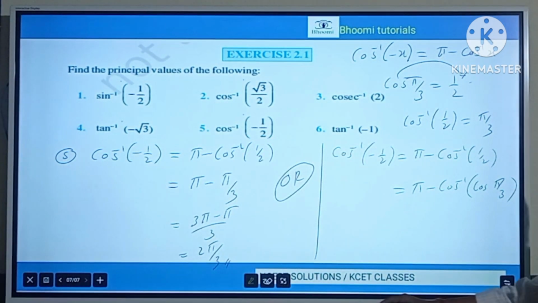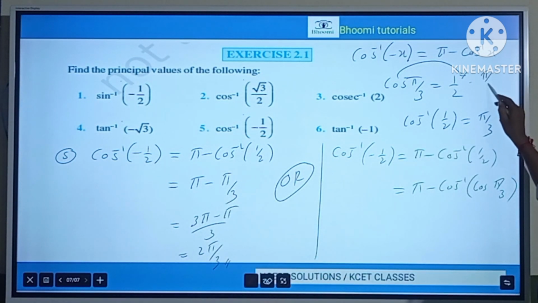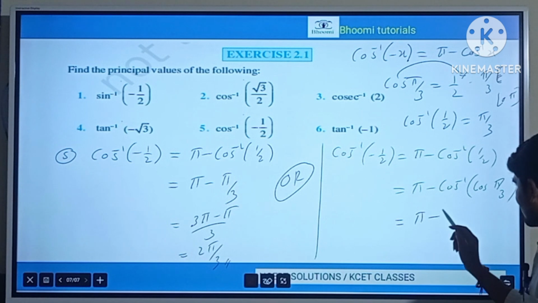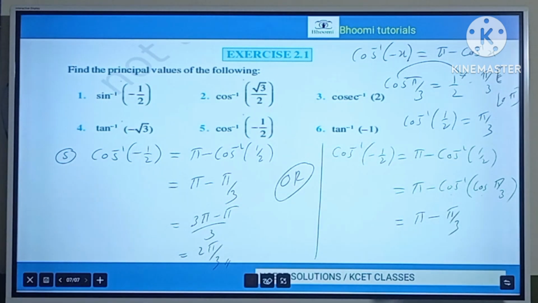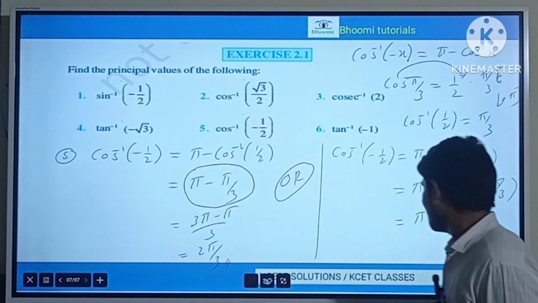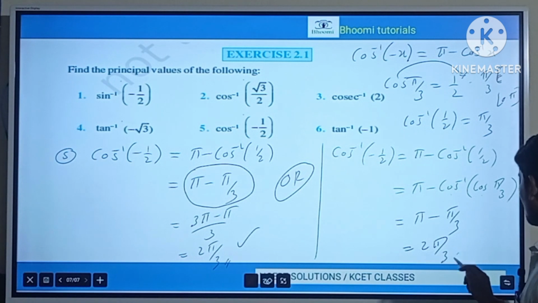Again, this pi by 3 belongs to the closed interval 0 to pi. So cos inverse of cos x is equal to x, and pi minus pi by 3 is equal to 2 pi by 3. I hope all of you understood.